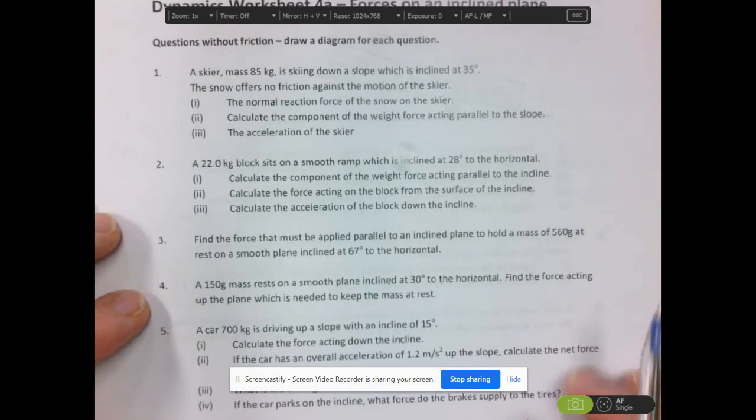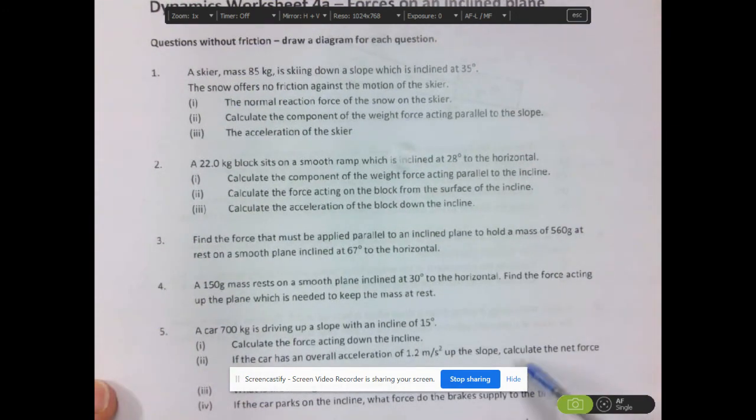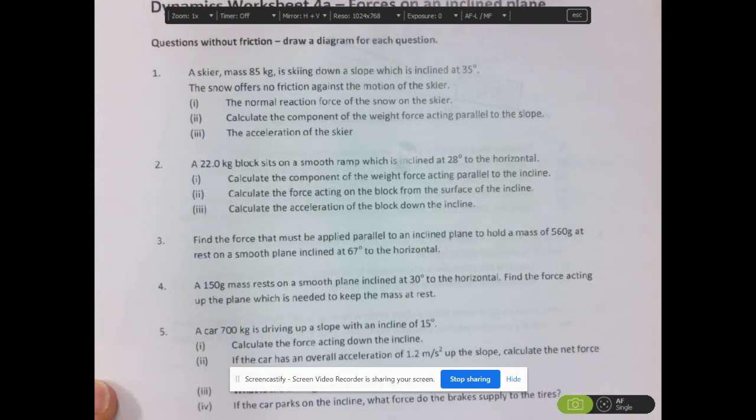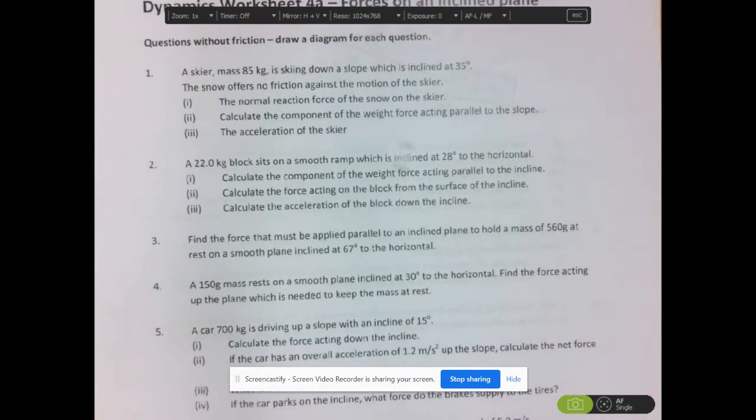And question 4, we have to do the same thing again. What is the force acting up to make the mass be at rest? And then all these others are simply trying to work with different aspects of what you do know and how to calculate them.